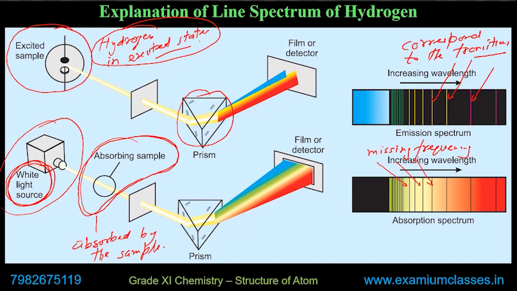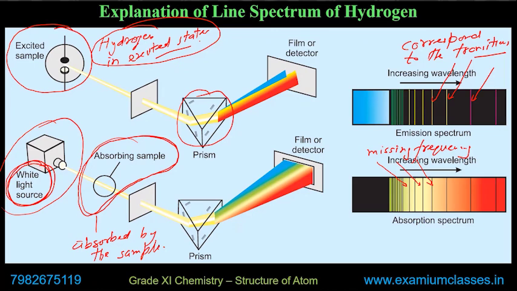In an absorption spectrum, the source emits all the frequencies in the visible region, but a few frequencies are absorbed by a sample. Only those frequencies are missing on the spectrum plate, because they were absorbed by the sample.